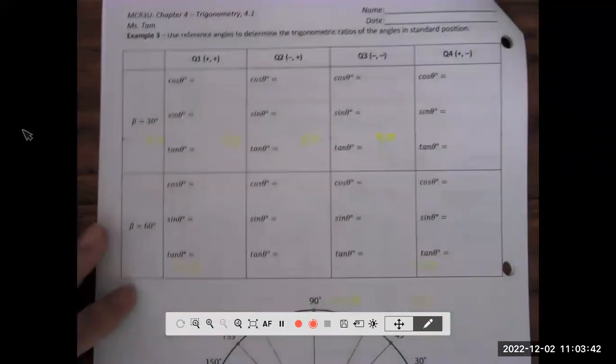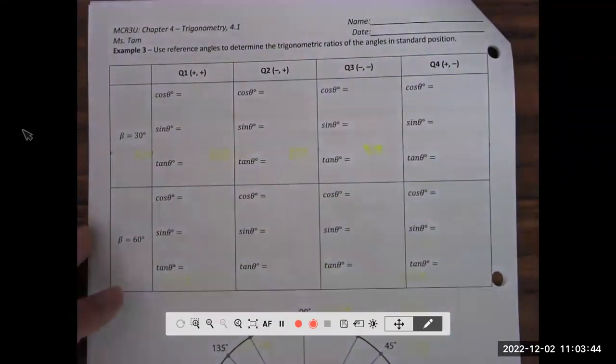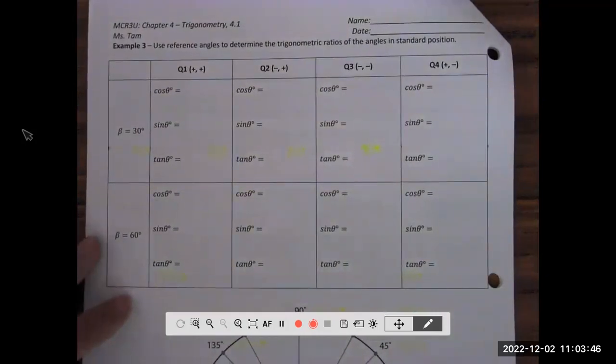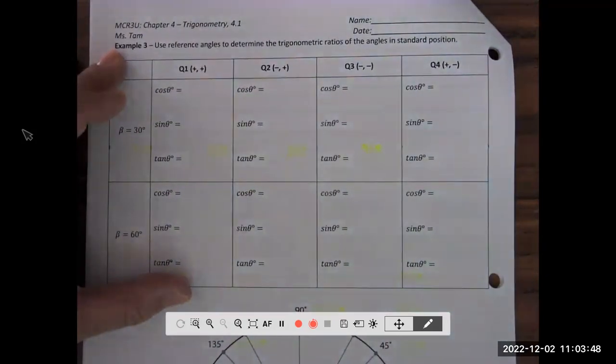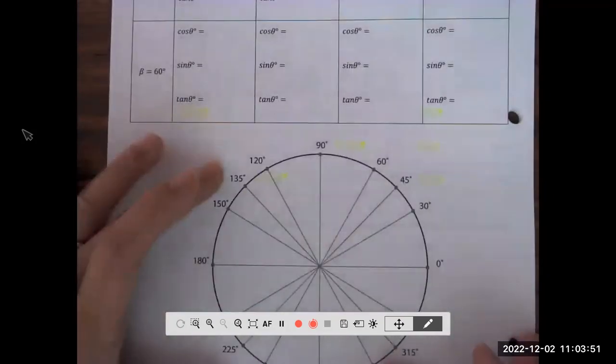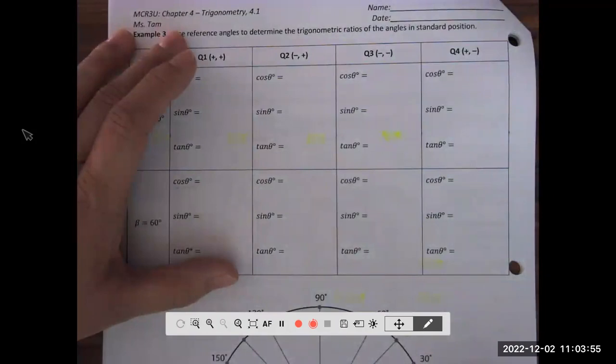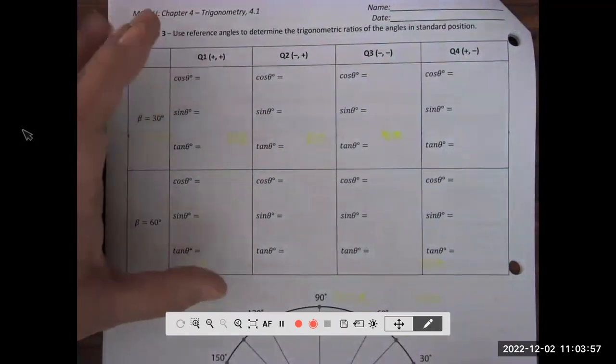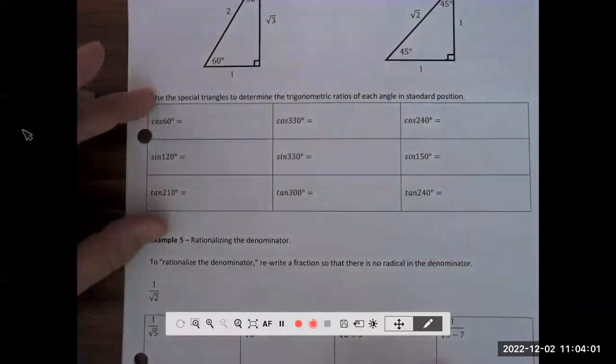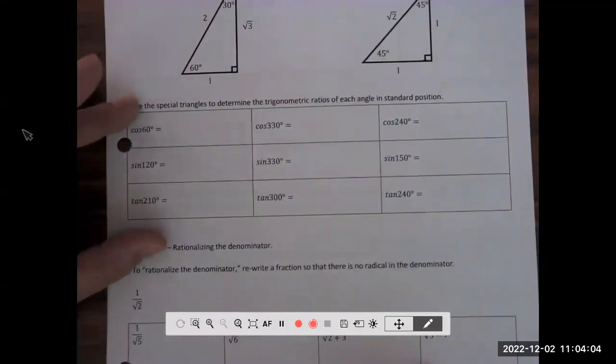As part of your homework for this weekend, you're going to fill out this chart. You're going to practice with the unit circle. Do you have all these answers already? Yes, they're on your unit circle. So you're going to insert them to practice.